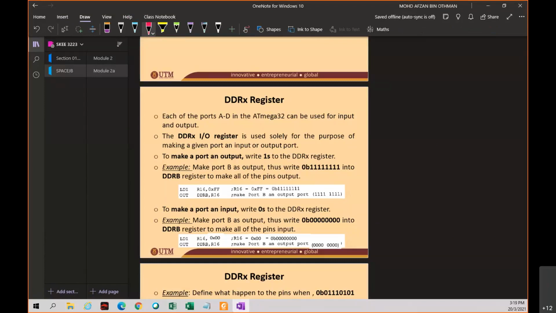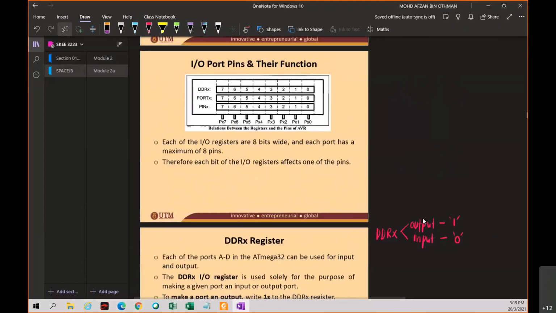Okay, so sekarang ni, macam saya katakan tadi, kamu ada DDRX. Nak jadikan dia output, kita kena letak 1, nak jadikan dia input, kita kena letak 0. Contohlah ini port A. Saya nak jadikan port A saya sebagai input port.